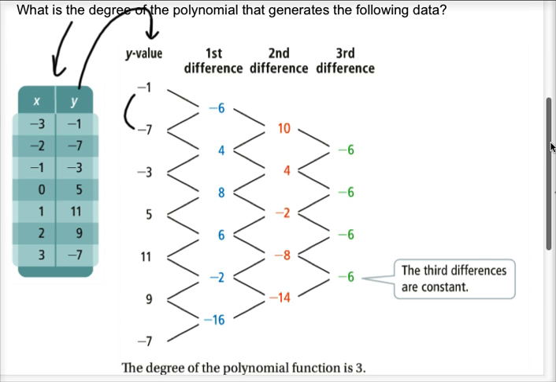here, the difference between -1 and -7 is -6. -7 and 3, the difference is 4. The difference between -3 and 5 is 8.